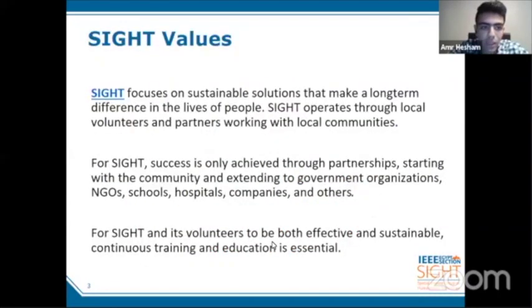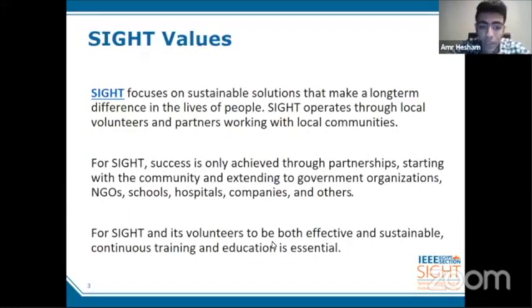So what are the values of SITE? SITE focuses on sustainable solutions that make a long-term difference in the lives of people. SITE operates through local volunteers and partners working with local communities. So the main objective of SITE projects is to work with local communities.